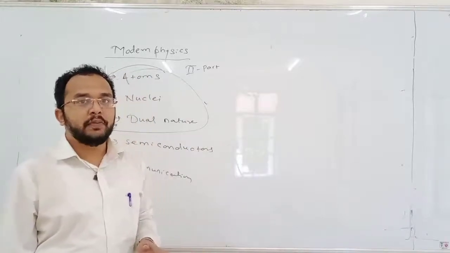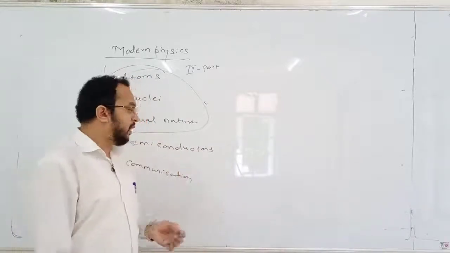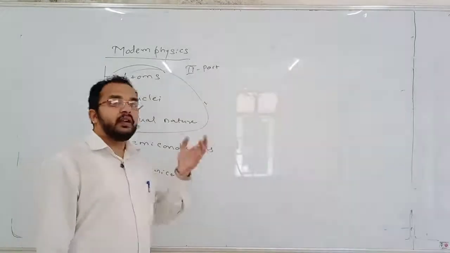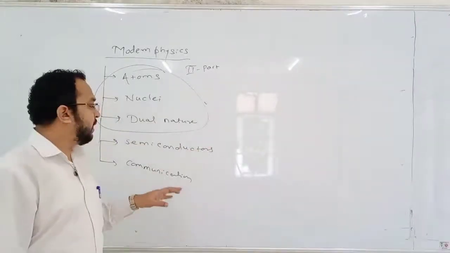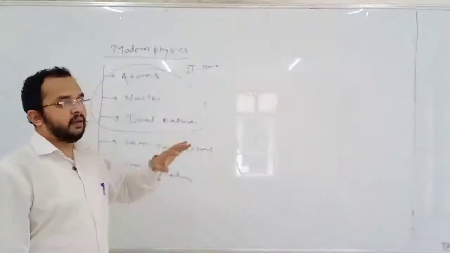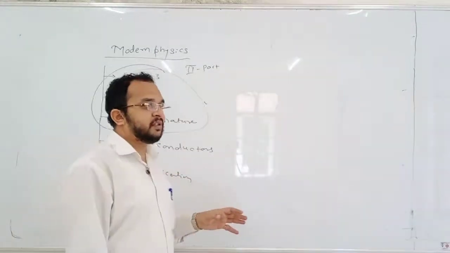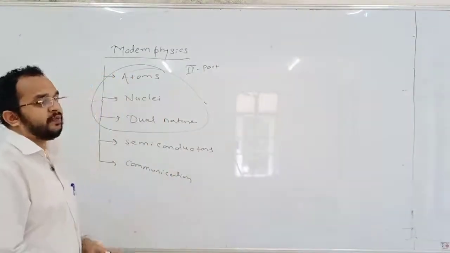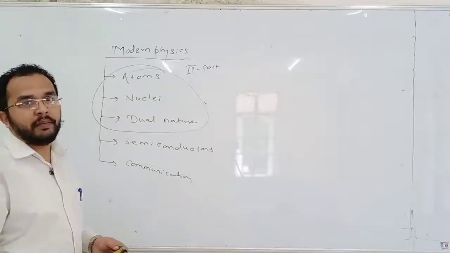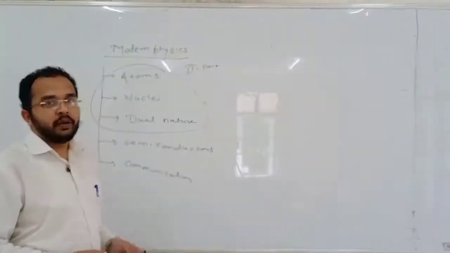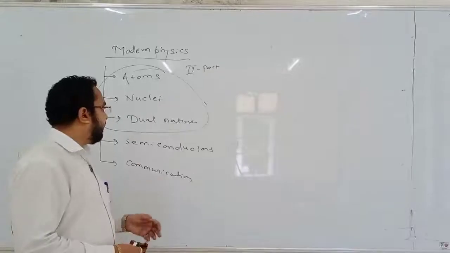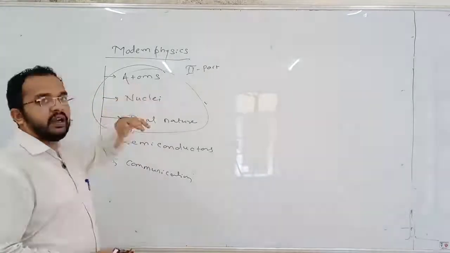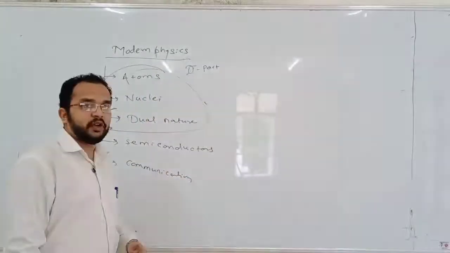Wave means it doesn't have mass, particle means it should have some mass. And then after that, a combined theory was established, that is dual nature. Dual nature means light has both particle as well as wave nature. So we will discuss that. These three chapters we will conduct after the semiconductors and communications.